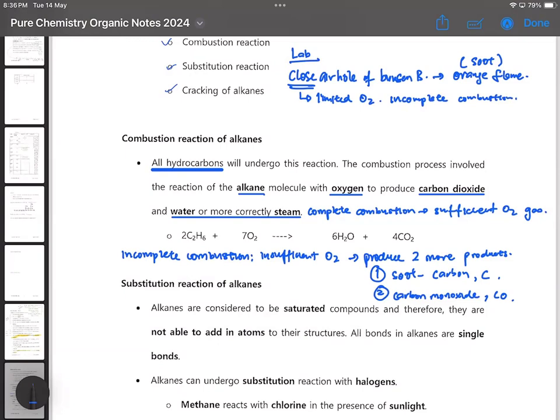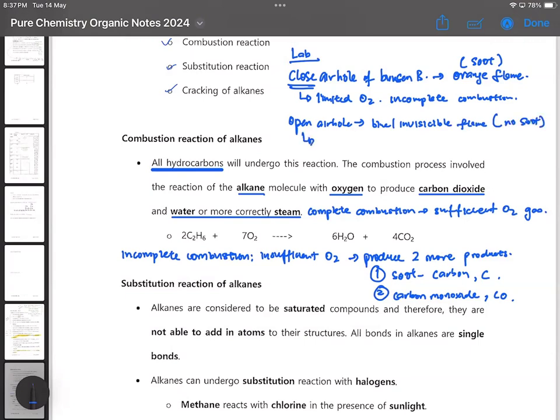When it's an orange flame, there is soot present. And when you have an open air hole, you notice that the flame is an invisible flame. Sometimes we see it as blue, sometimes it's actually invisible, because there's no soot present.